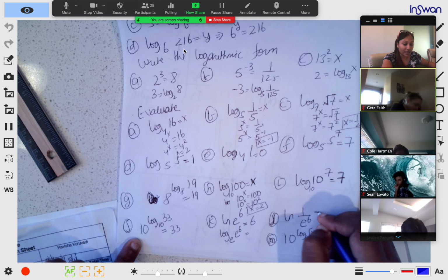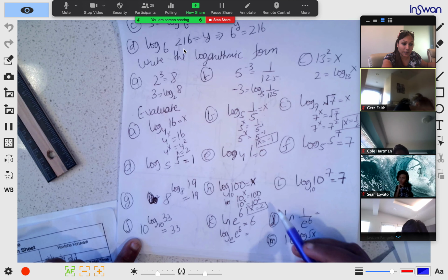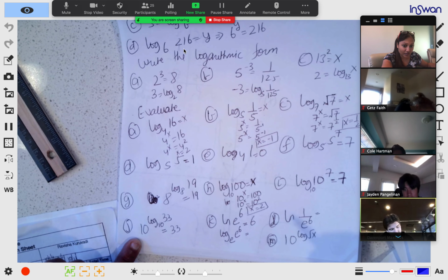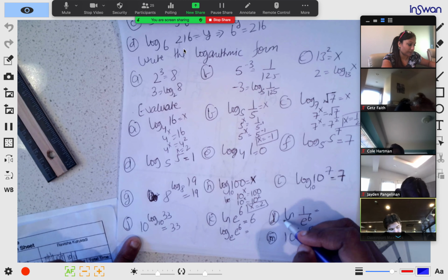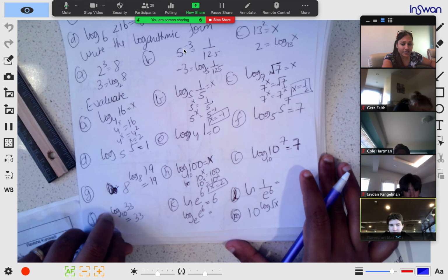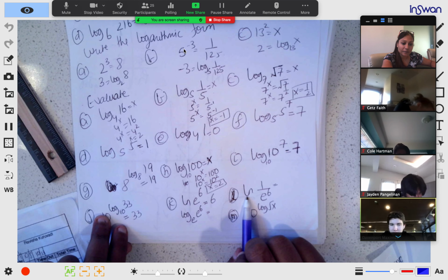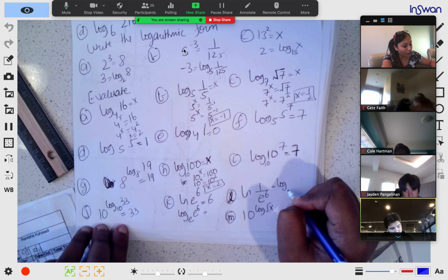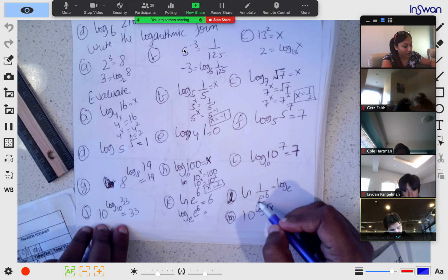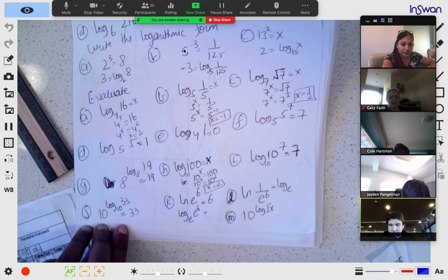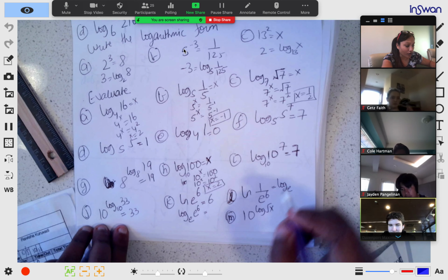Maximus? ln of 1 over e to the power of 6. I'm not there yet. Give me a second. Okay, do the L part. Walk me through. What is ln? Log base e. Okay. Now I need e to the power of something, but my e is in the denominator. I want to take it to the numerator. What do I do? Here I have e to the power of 6.